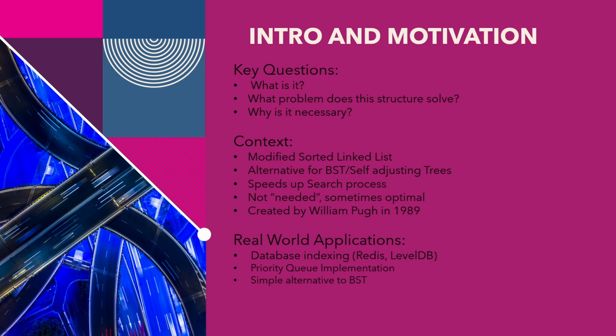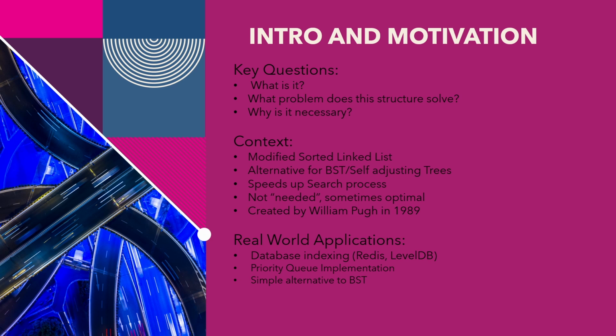They are an alternative for binary search trees, and the advantage that they provide is that they speed up the search process from a base linked list and provide a simpler way to do that than using a BST. They're not necessarily needed anywhere, but sometimes they are optimal compared to linked lists or BSTs, and we'll get into that more on the complexity slide.